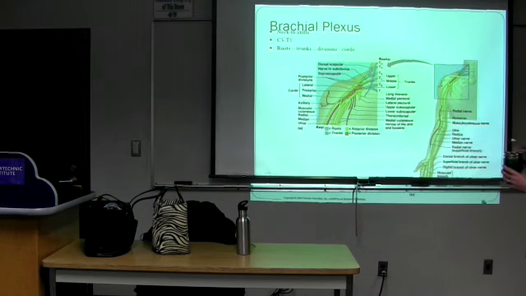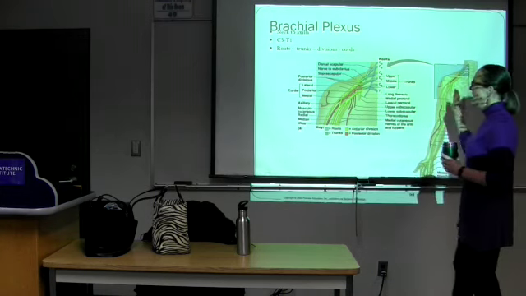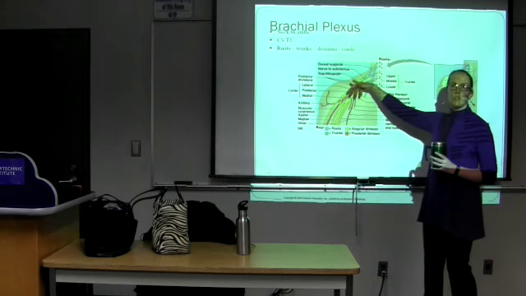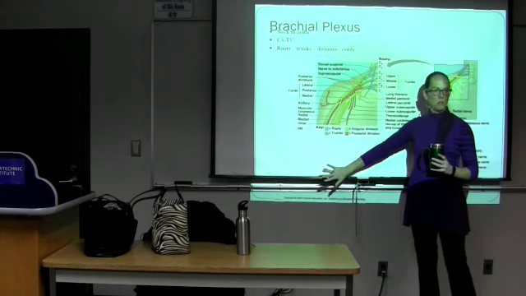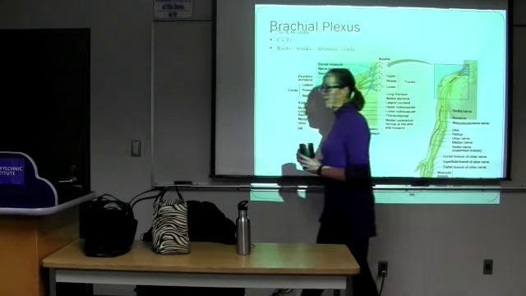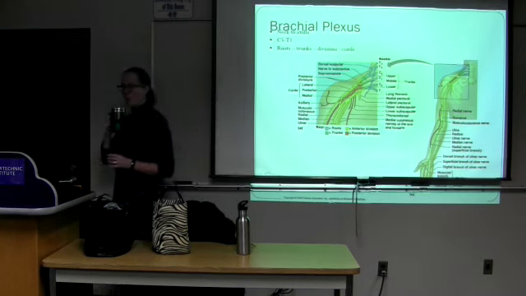So brachial plexus. Does that make sense? Now, obviously, the brachial plexus is going to eventually turn into the nerves that feed the upper extremity, right? That's where it's going. Okay? Are we good with that?